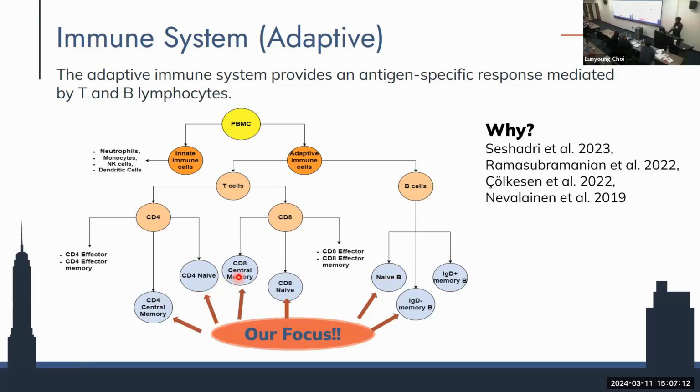CD4 central memory and CD8 central memory T cells persist for a really extended period of time. It is a measure of your exposure to antigen for a longer period in the past, so we want to look into them. And IgD minus memory B cell is shown to be a risk factor for COVID-associated mortality. So we are also considering that.